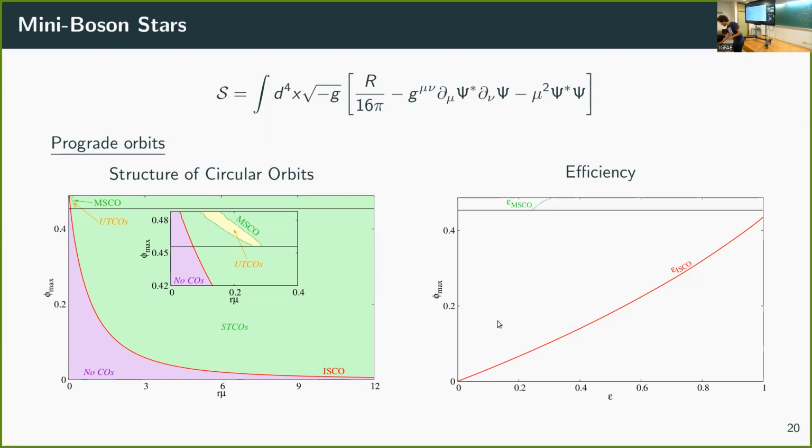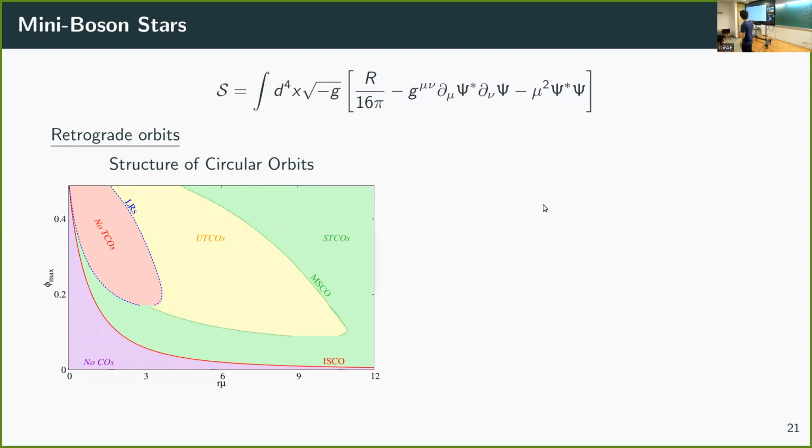We see that the efficiency at the ISCO increases monotonically as we go from the dilute region to the more compact region, and it goes very close to unity. And for the more compact solutions where this MSCO appears, the efficiency is much smaller compared to the one at the ISCO. It starts around 25% more or less and increases to 30-something percent.